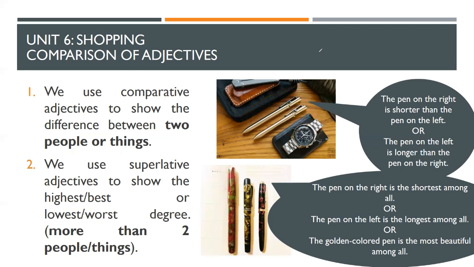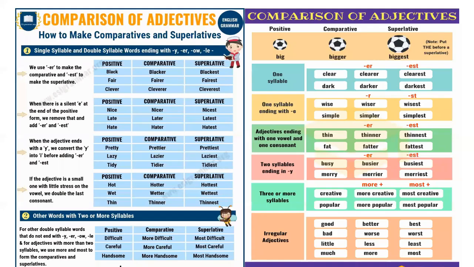So with that being said, let's continue with the formula. I believe the formula should be easy for you to understand, the idea of how to make comparison adjectives and how to make superlative adjectives. You have to pay attention to some guidelines. The guideline is actually very simple. So let's start.